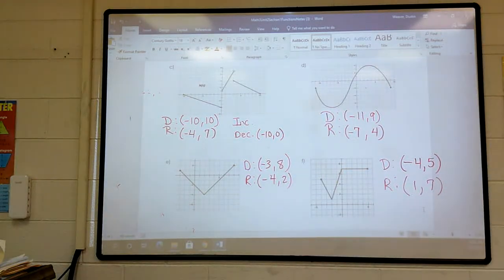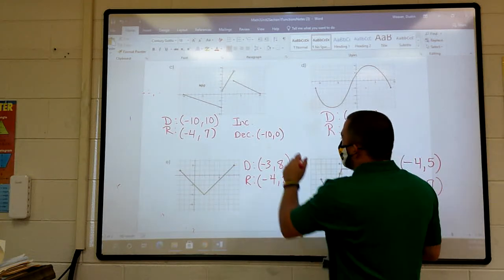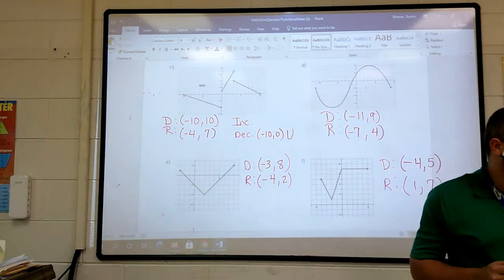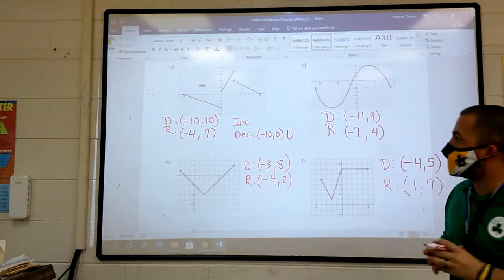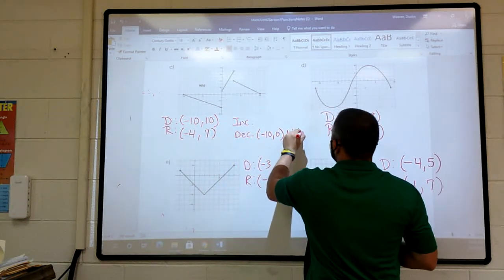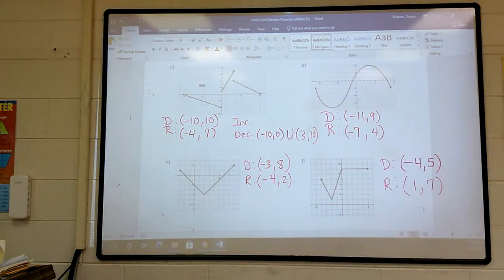So it's decreasing from -10 to 0, and we could kind of use a U there because that shows that there's a break. It's our symbol for that, and it's decreasing from 3 to 10. So it's decreasing in 2 different places, from -10 to 0, and then again from 3 to 10.